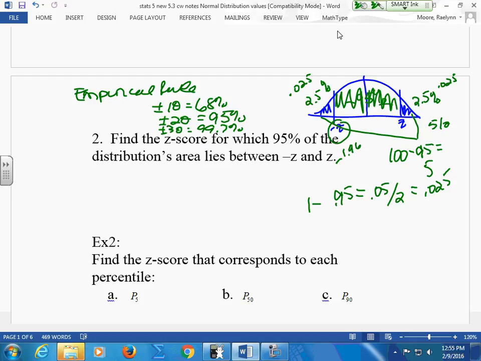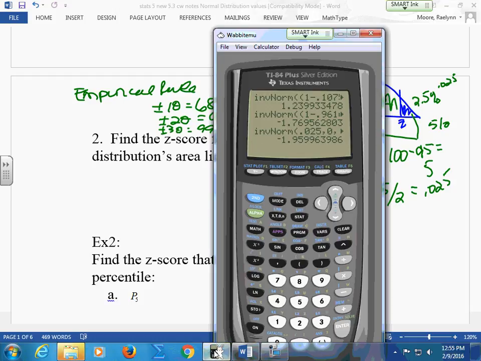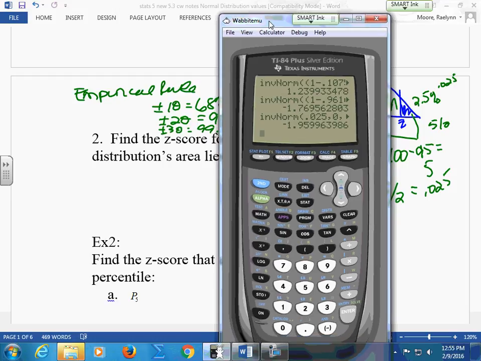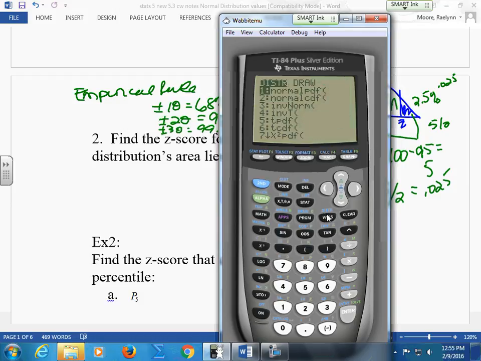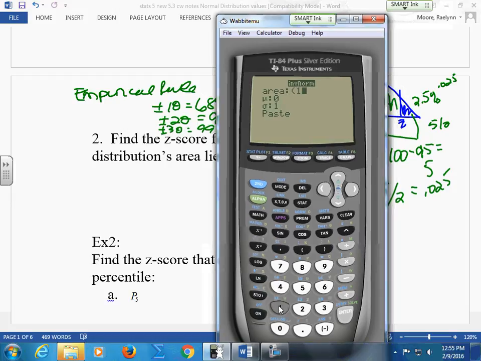Now, here's another little nice thing about your calculator. But you got to watch this part. Your calculator says, well, you know what? You did all your subtraction. Let me do your subtraction for you. So let me go back here to number 3 and say you wanted me to take 1 minus 0.95.